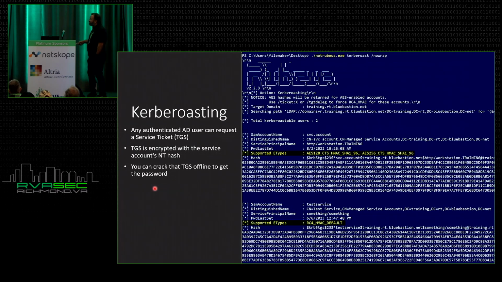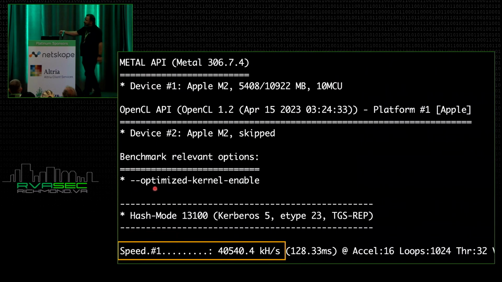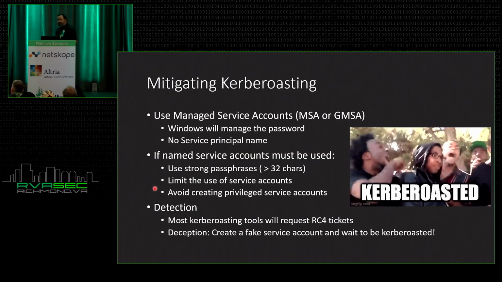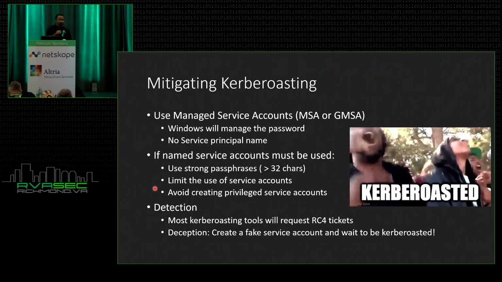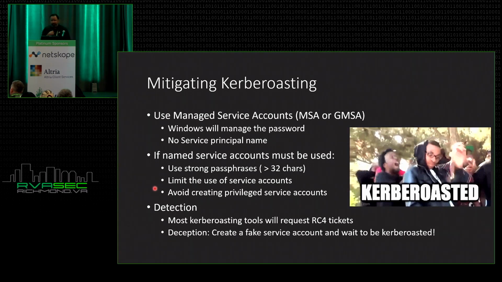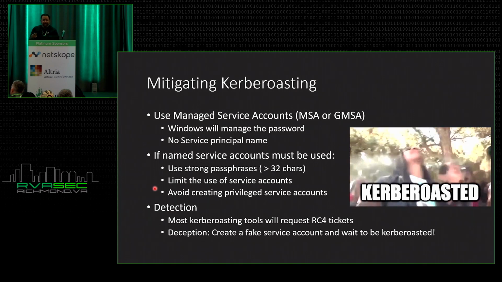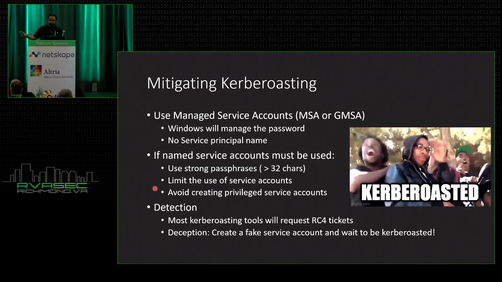AES, yes, AES, until we start doing quantum. So you should be using AES, but if you start seeing RC4, that's a problem, right? So if you start requiring your service accounts to only use AES tickets, and I come in and I request an RC4 ticket because that's easier to crack, you have just detected me. That's what you should be doing. So create a fake service account and wait for it to be kerberoasted.